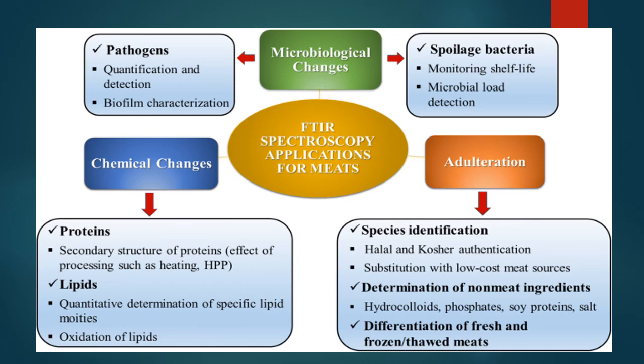Then there are chemical changes, the nutritional aspect: proteins may be affected by processing, and lipids can be quantified and their oxidation monitored. Sometimes there is species identification, where low-value meat is mixed with high-cost meat, or non-meat ingredients, or differentiating fresh and frozen meat. These are applications of FTIR spectroscopy to monitor different aspects of meat quality, which is becoming very important nowadays for food safety implementation.